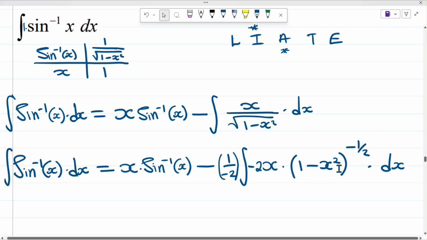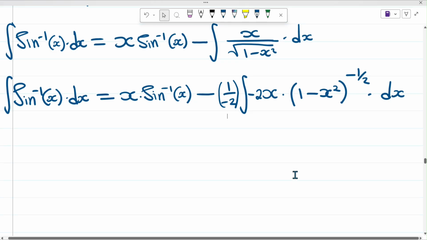According to the general power rule, when you have f prime of x here, and here you have f of x to the n, and n is not equal to negative 1, then you can use the general power rule: take only the f of x and add 1 to the exponent, divided by n plus 1, of course.